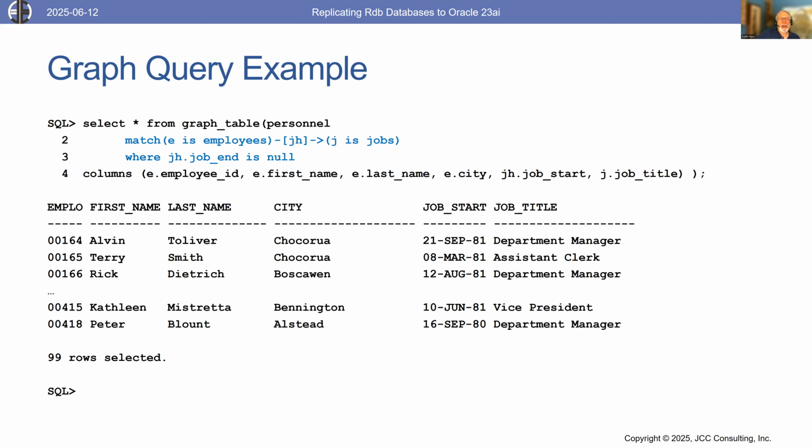In a larger example, larger database, what this would allow me to do is to do queries and find employees that are connected to other tables without knowing anything about the connection. But in this case, I've got a match query. I'm going to look at it only where job end is null, and I'm going to return the columns. And so this is doing a property graph query and then returning just the columns to the source SQL.